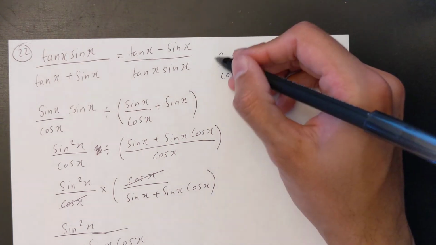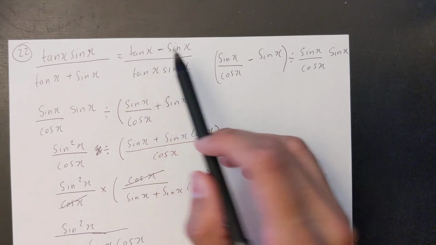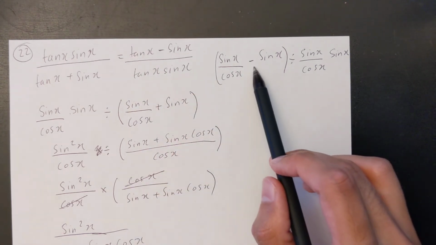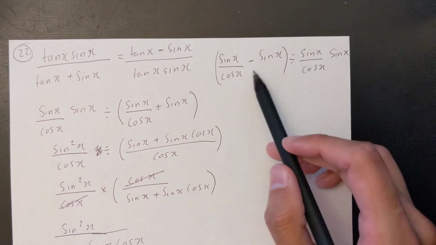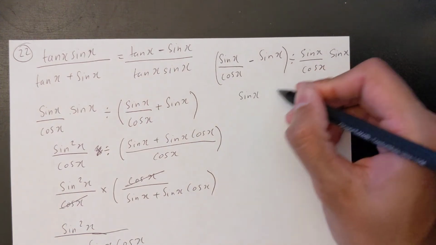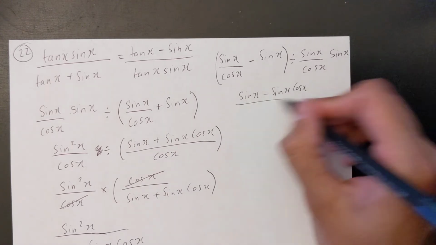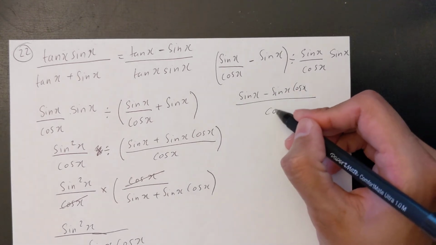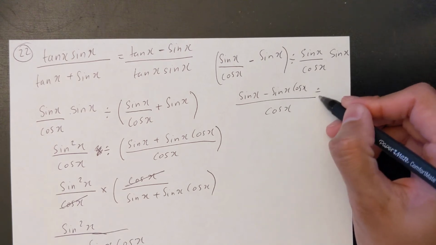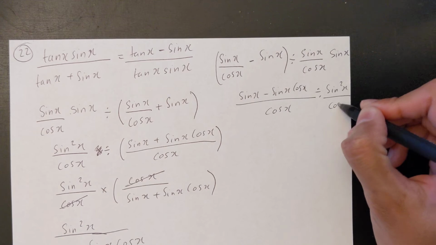Again, you need a bracket here, because if there's a fraction and addition or subtraction, you have to always bracket things being added or subtracted. I'm going to make a common denominator here. That's sine x minus sine x cos x over cos x divided by sine square x over cos x.